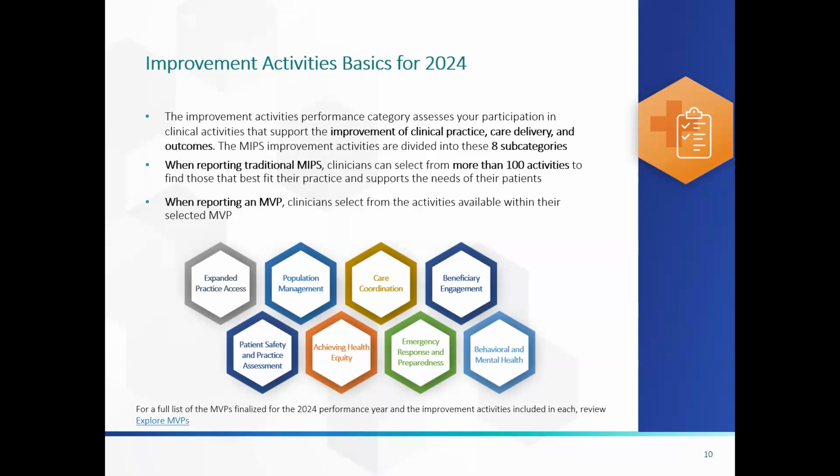The subcategories are expanded practice access, population management, care coordination, beneficiary engagement, patient safety and practice assessment, achieving health equity, emergency response and preparedness, and behavioral and mental health. MIPS participants can choose the activities that are relevant to their practice and support the needs of their patients. MVP participants choose the activities within their selected MVPs.